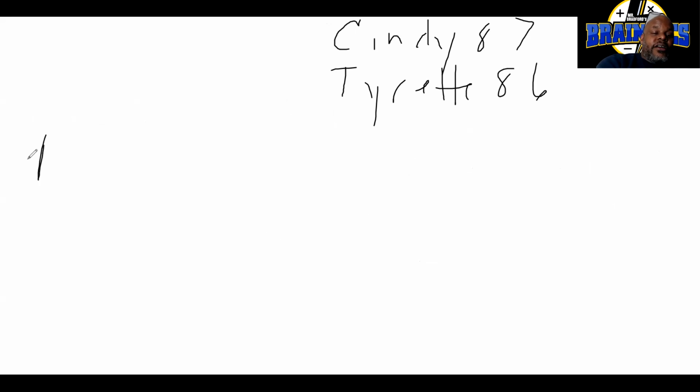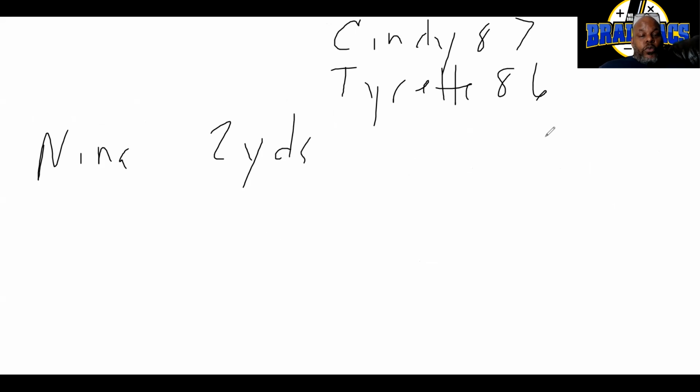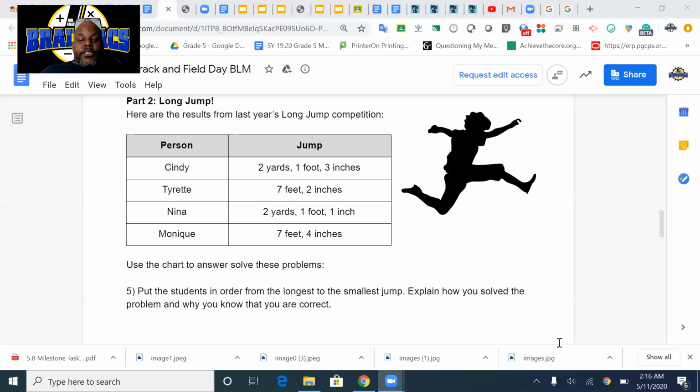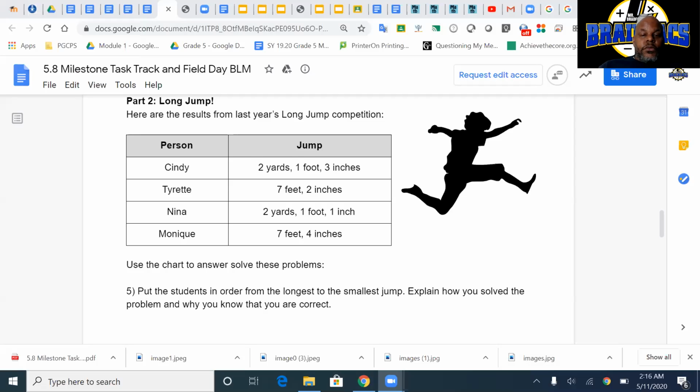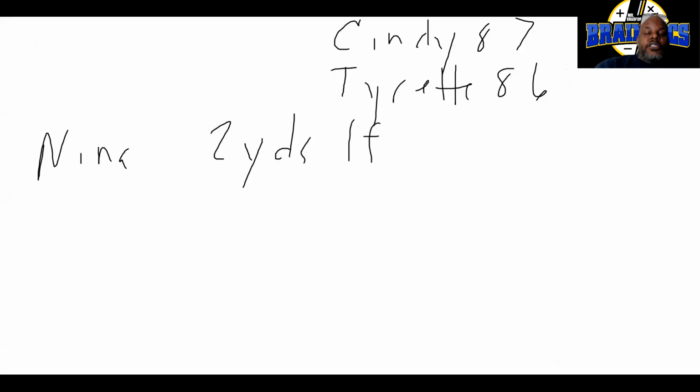Then we have Nina, 2 yards, 1 foot, 1 inch. Is that what we saw? Let's double check it. 1 foot, 1 inch. All right, so we know she has 1 inch.